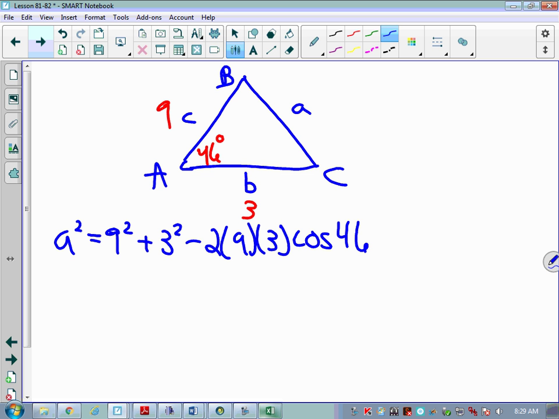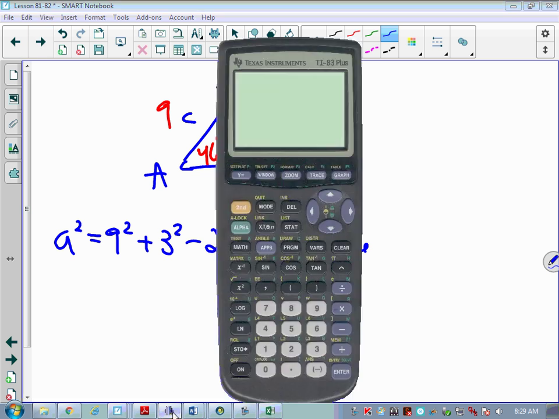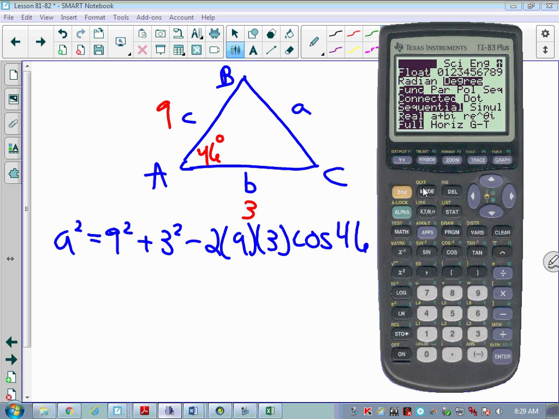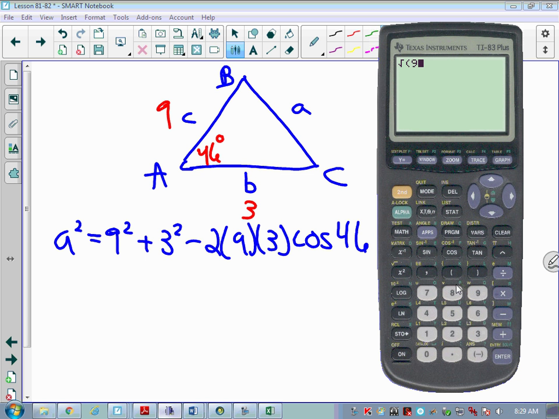The only thing I have to do is first I need to make sure that I'm in degree mode. And then because I'm going to end up square rooting that answer to get just A, I'm just going to square root the whole thing right off the beginning. Okay, so I'm checking my mode. I'm good there. So I'm going to hit square root 9 squared plus 3 squared.